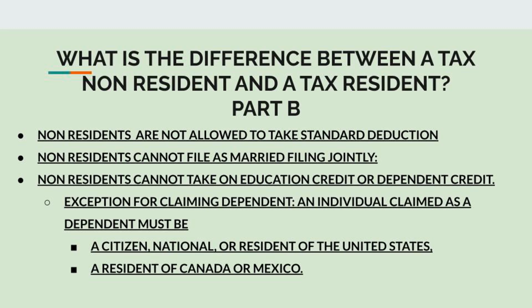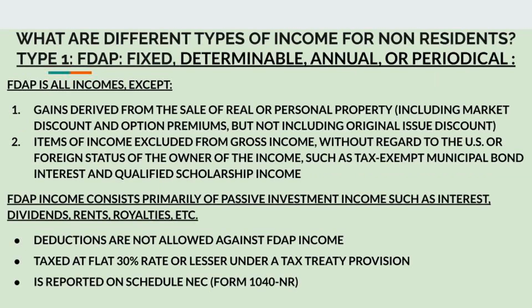Both these criteria have to be satisfied in order for you to claim a dependent on your tax and take advantage of the child tax credit that potentially comes with it.